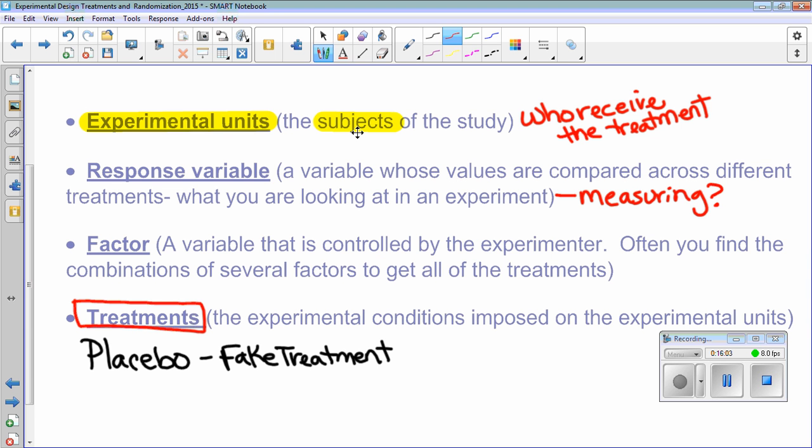Now, factors is something that is controlled by the person that's conducting the experiment, okay? Often you find combination of factors to get all the treatments, but we'll talk about that a little bit later on, okay? There's another word I want to add here, and that's called blinding.